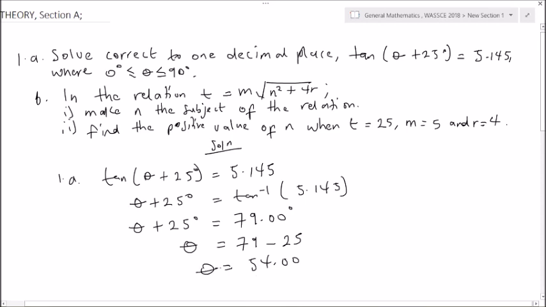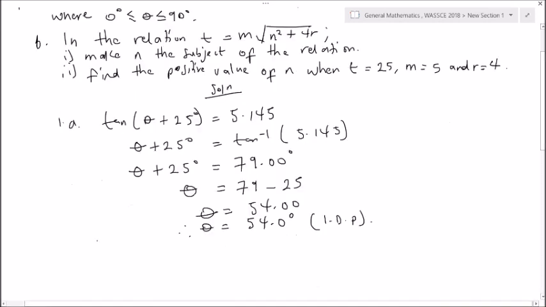We have to leave our answer in one decimal place as the question demands. So therefore we have theta is equal to 54.0. That's one decimal place. So that is question 1A. The angle theta is 54.0 degrees.